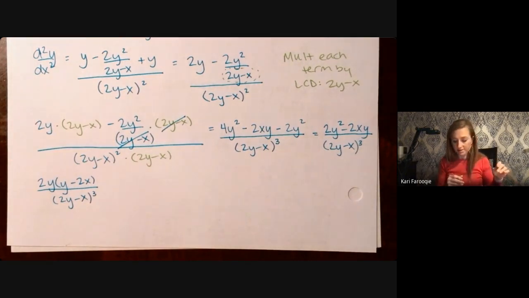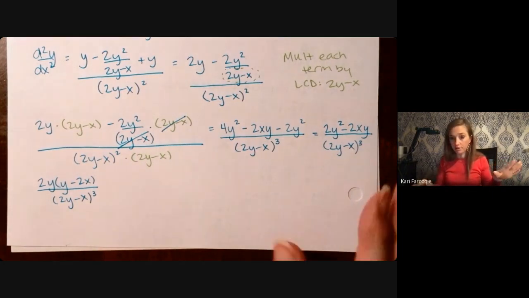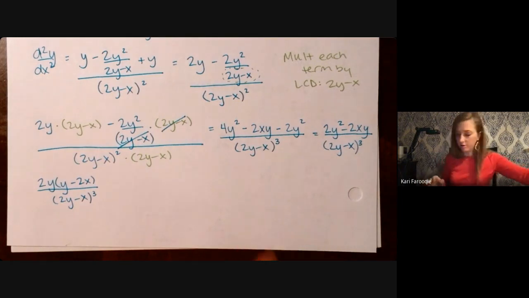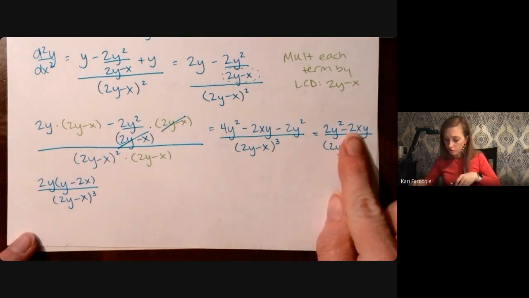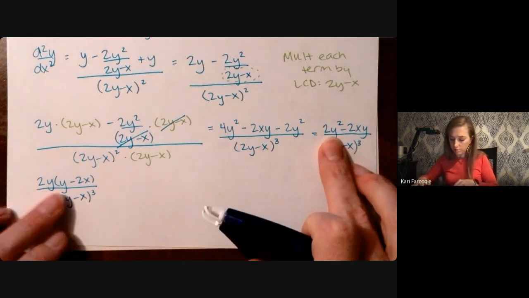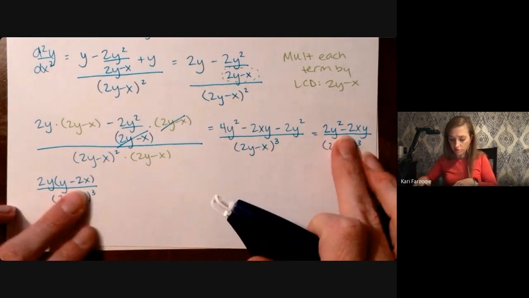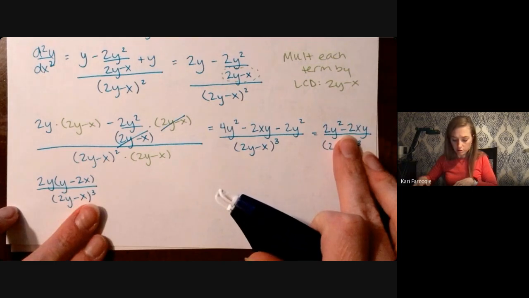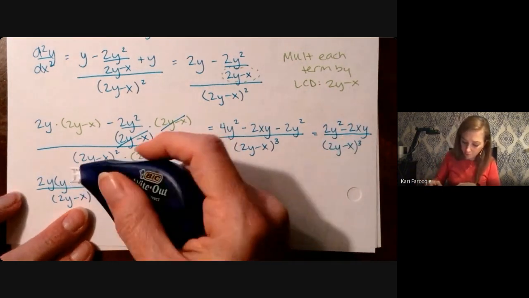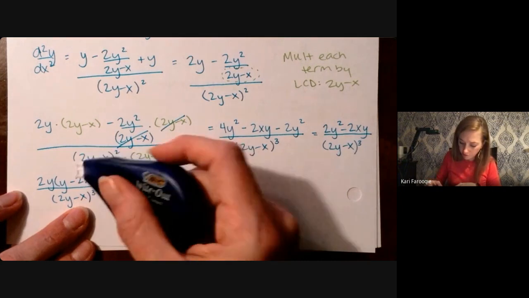And then there's actually a little bit more that we can do. I'm going to examine this for a second. Hold on. Oh, you know what? I just realized something. I should have pulled this 2 out. I pulled out a 2y, and there's a y minus, and it should just be a y minus x. I don't know why I did that.